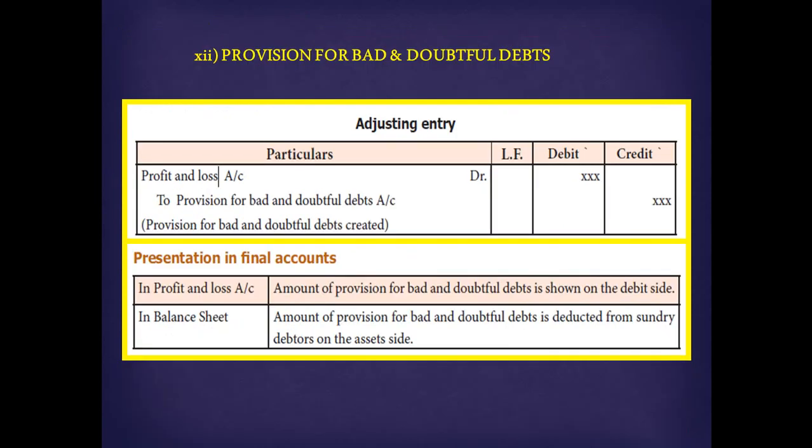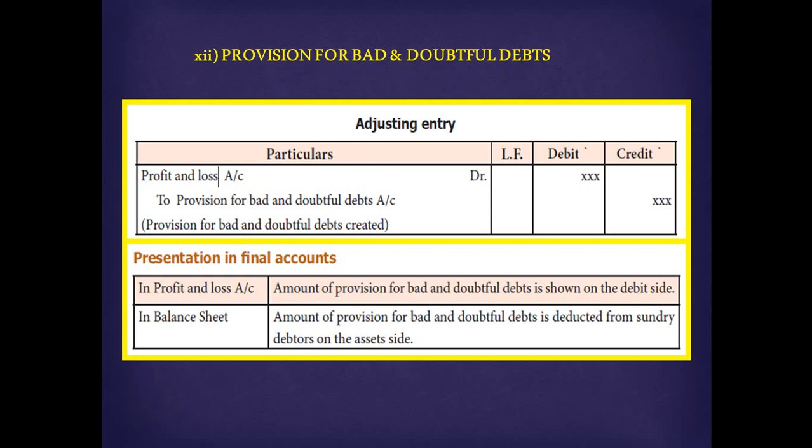And next, here we have provision for bad and doubtful debts. Sometimes a merchant feels that there are certain debtors from whom the money may or may not be realizable. As there is a probability of anticipated loss, and in order to provide for such loss in the accounts, a provision for doubtful debts is required to be made.